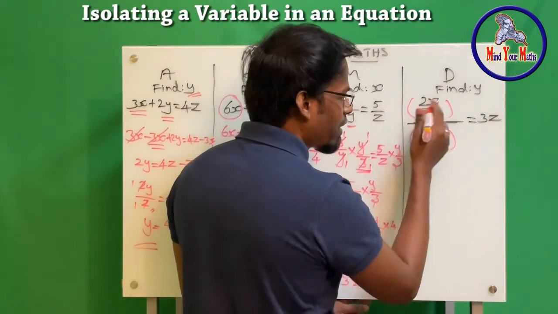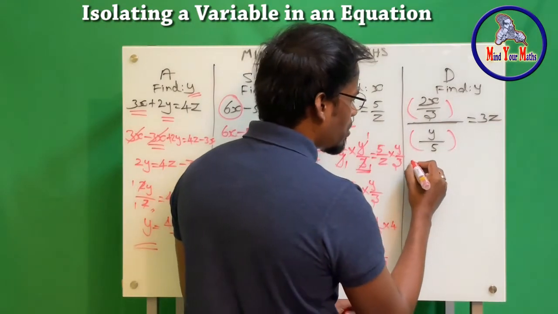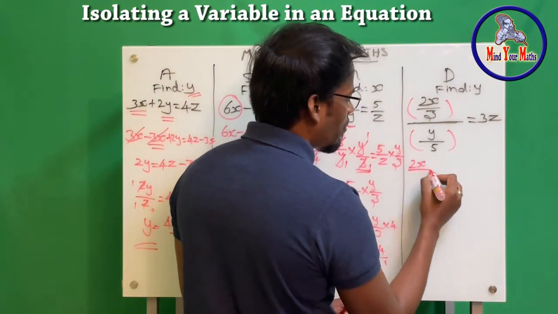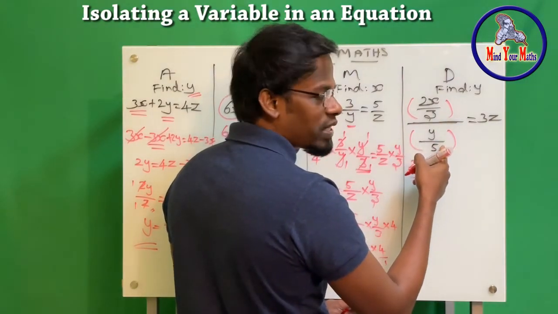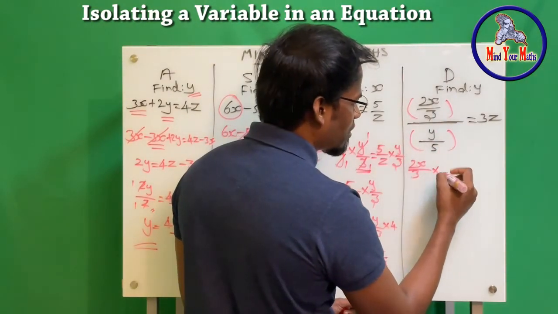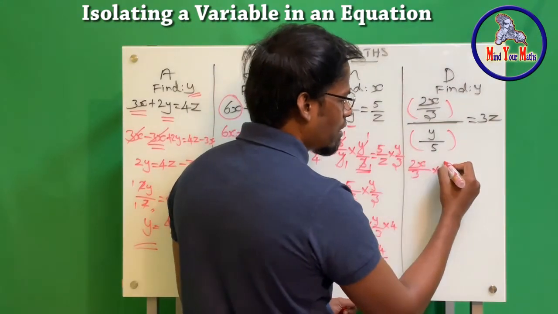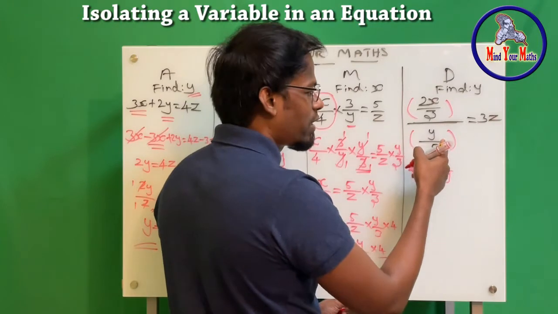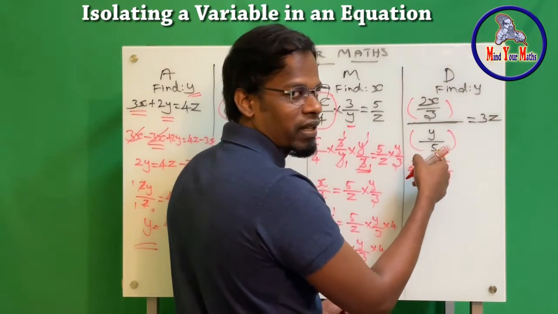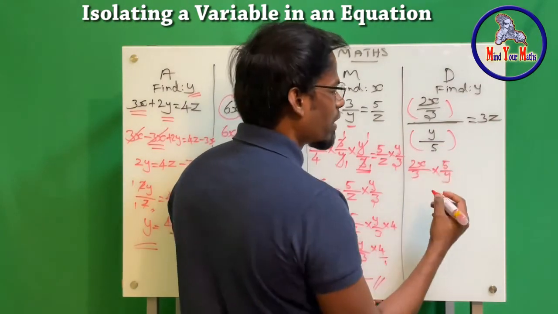So now let's rewrite the whole thing here. 2x over 3 can be multiplied by the reciprocal of this one. The reciprocal of y over 5 is what? 5 over y. So the 5 goes to the numerator and the y goes to the denominator. That's the reciprocal value, right?